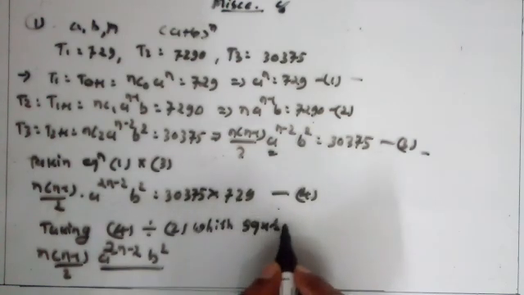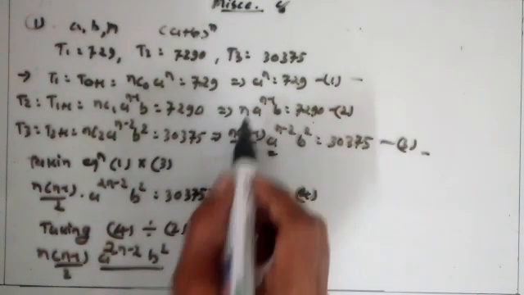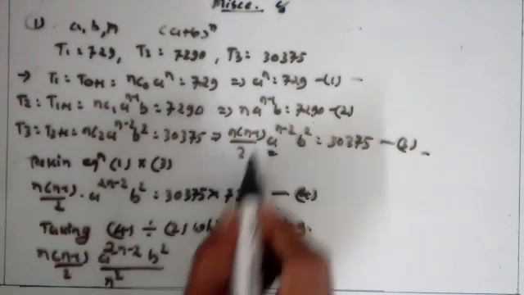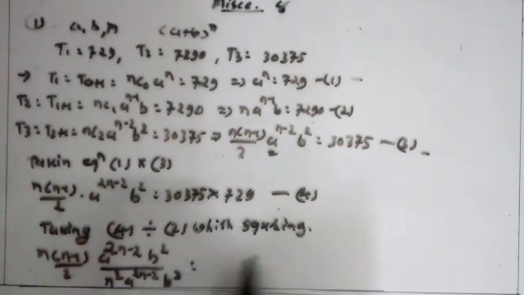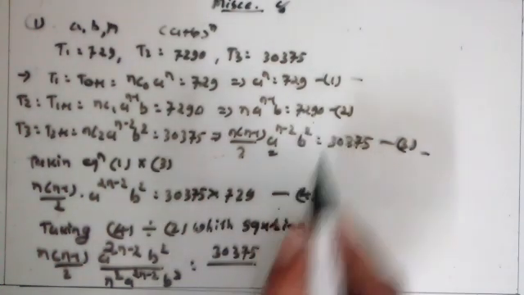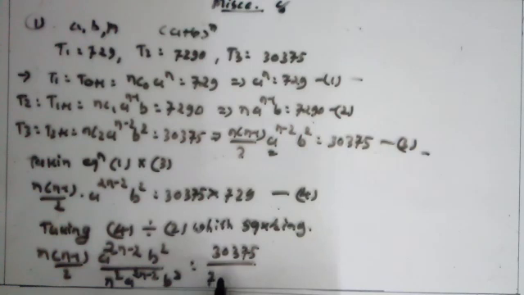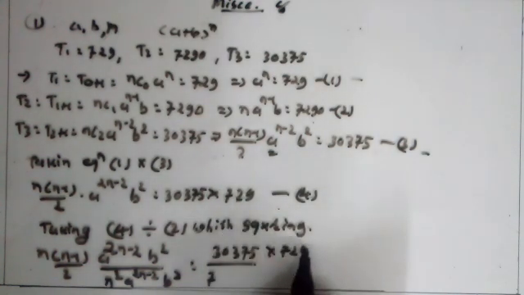Clear? So squaring this equation, we get n square, a raised to 2n minus 2, b raised to 2, is equal to 30375 upon the square of this 7290. Here also given 729.